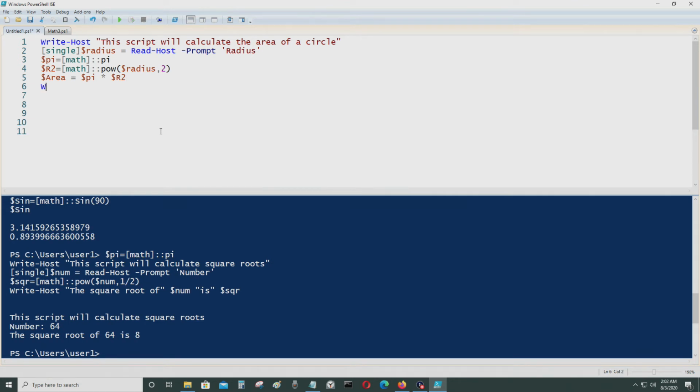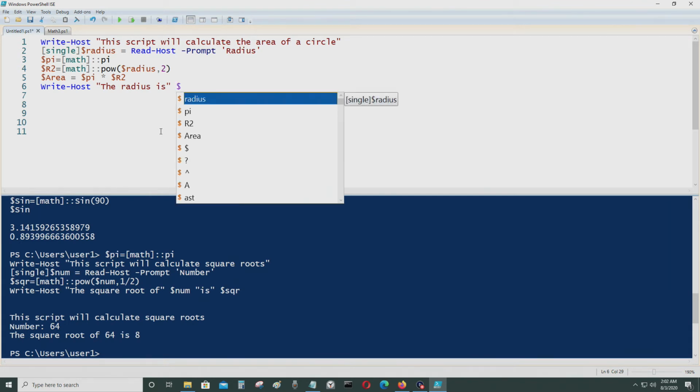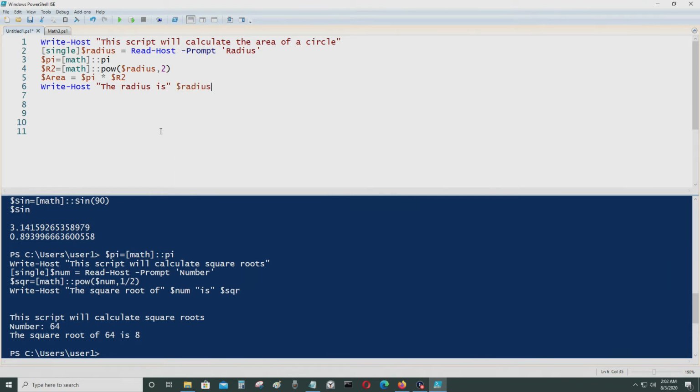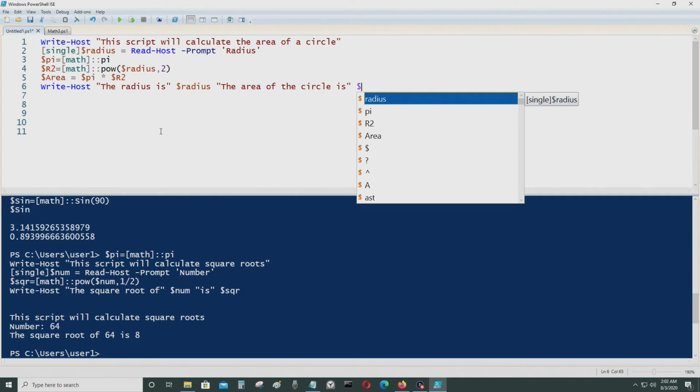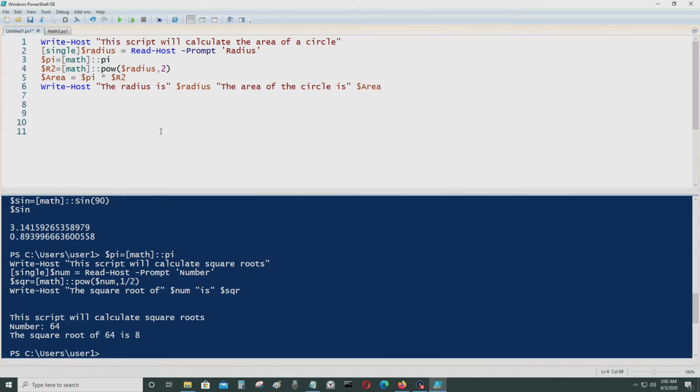So write host, "The radius is radius, the area of the circle is area," and that's how it should come out.